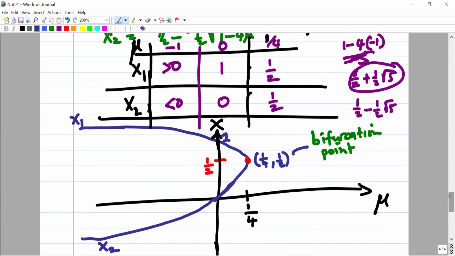So what we are going to do is to represent this unstable equilibrium using the dotted lines. So we now have what is the bifurcation point.